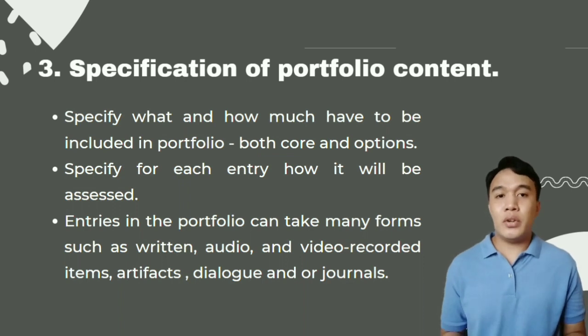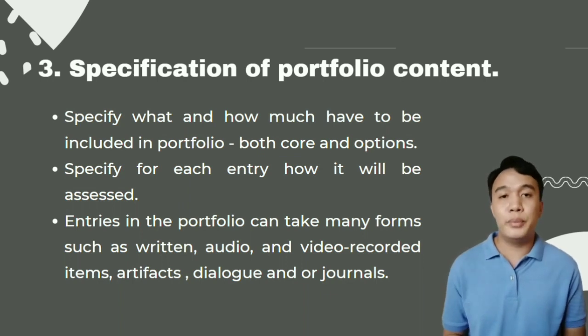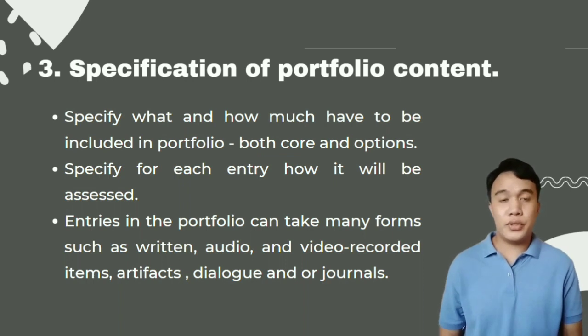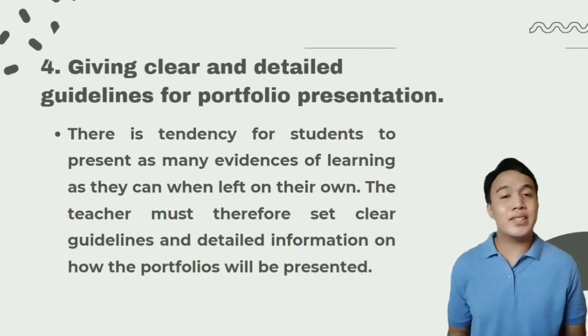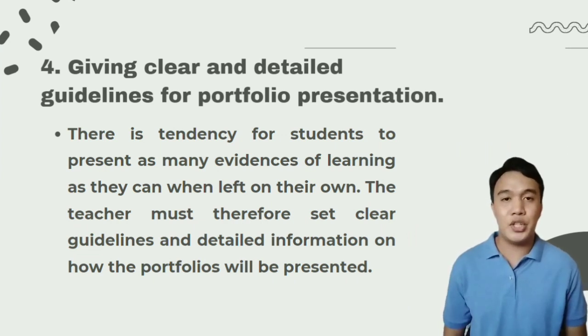Since it is an authentic assessment, we can make a rubric, particularly an analytic rubric. Entries in the portfolio can take many forms, such as written, audio, or video recorded items, artifacts, for example an annotated drawing, a model, dialogue, or journals.